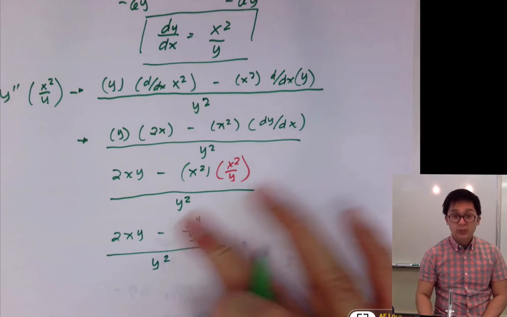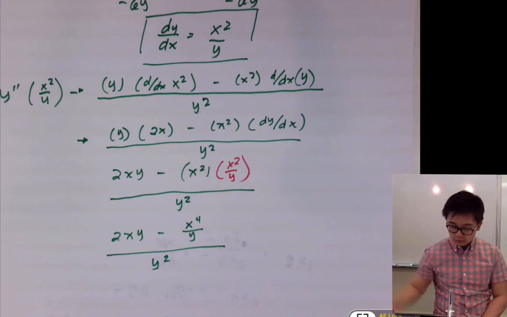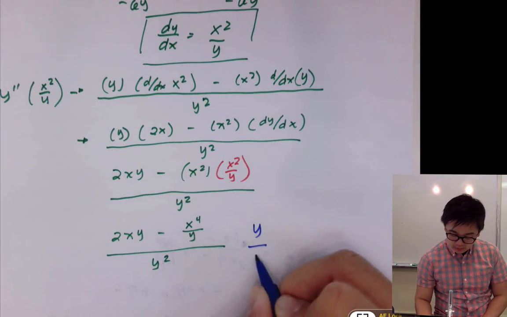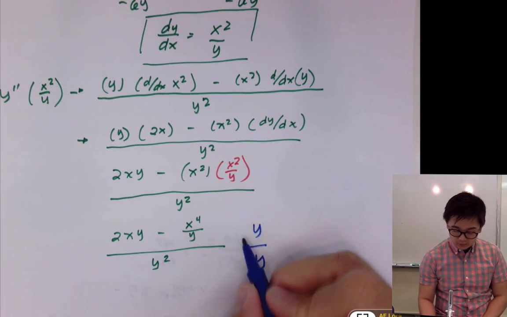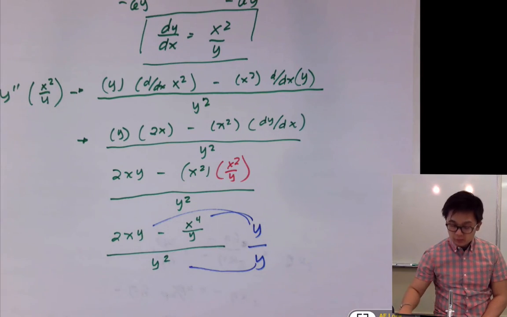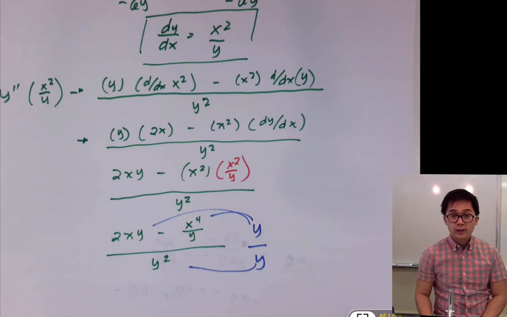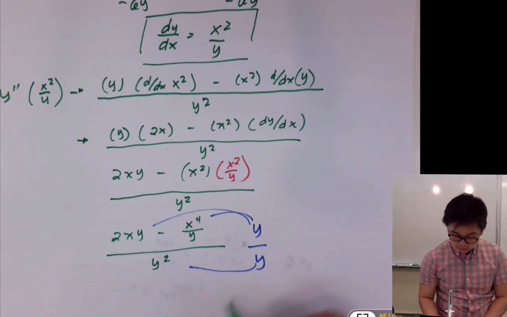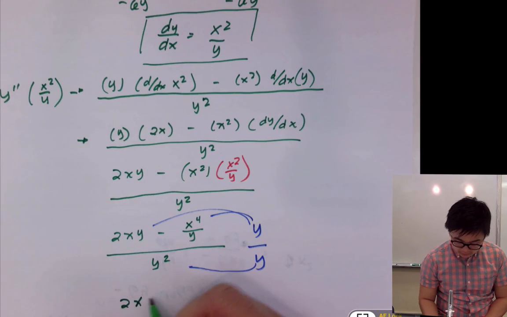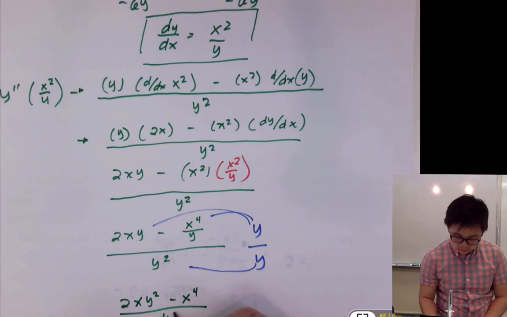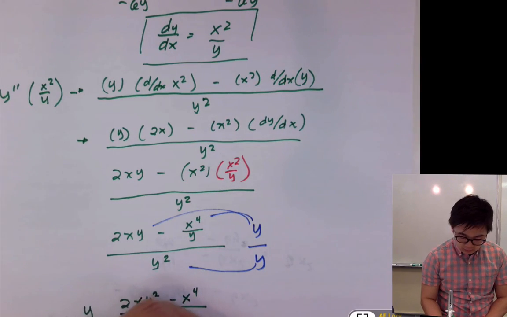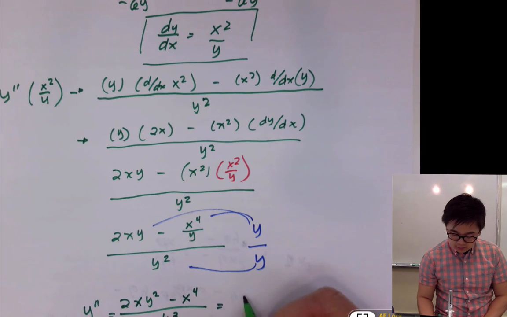And we know that we want to get rid of the complex fraction, and to do that all we have to do is to multiply the numerator by y and the denominator by y. And by doing so, we'll be able to get rid of the complex fraction in the numerator. So we'll have 2xy squared minus x to the fourth all over y cubed. And this is now our second derivative, which can also be written as this.